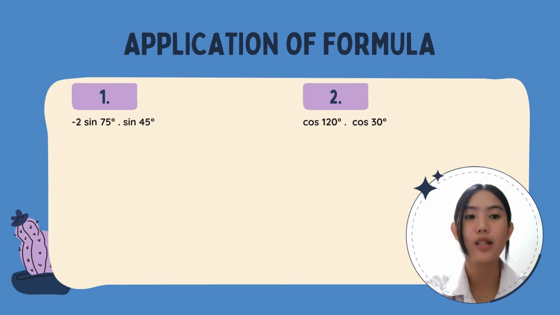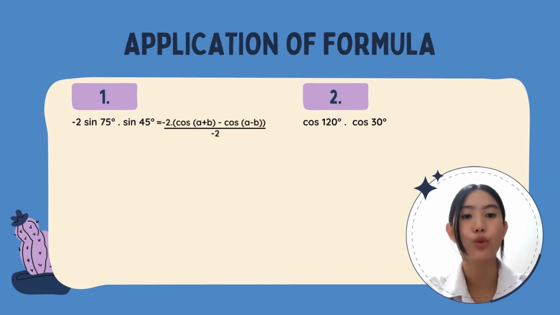Don't forget that we still have another negative 2 left in front of the question. So what we're going to write down is negative 2 times cos(A+B) minus cos(A−B) over negative 2. And since we have 2 negative 2s right here, we can just cancel them out by crossing them.